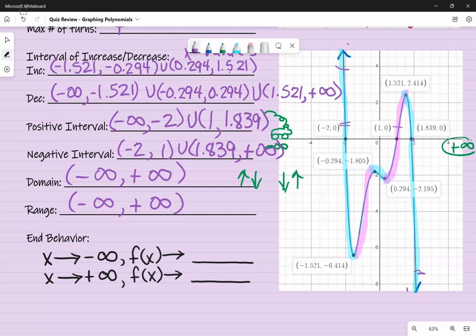All right, my end behavior is asking what is happening with those arrows. So as I am going towards negative infinity, what is happening with my first arrow that's closest to it? Is it going to positive infinity on y, because f of x means y? Or is it going towards negative infinity on y?